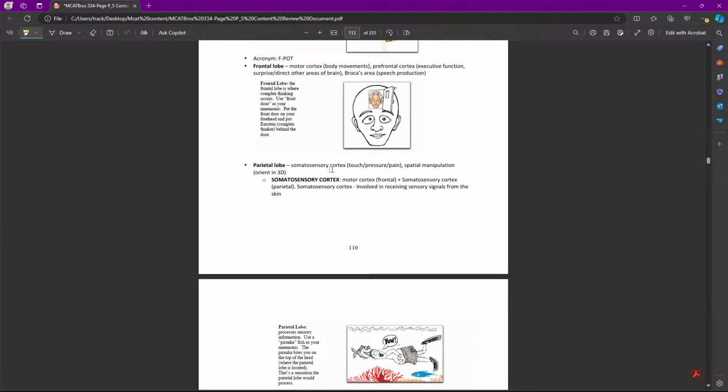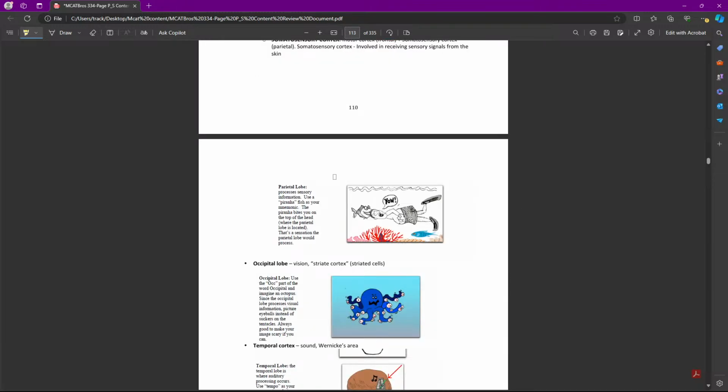Parietal is the somatosensory region, which lets us tell where we're getting a sensation in our body or how we're arranged in 3D space. I already talked about the somatosensory cortex. It's the homunculus theory mentioned earlier. The occipital lobe is the vision lobe, and its striate cortex, which we talked about earlier, is involved in the vision pathway.